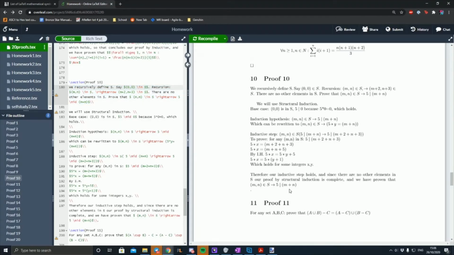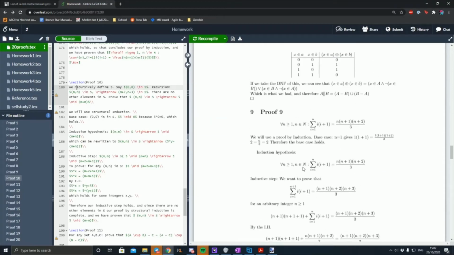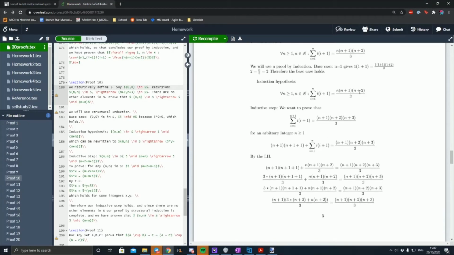Wait, so we can use the thing we want to prove as the induction hypothesis? Isn't that what we need to prove? Oh yeah, the induction hypothesis is also the thing we want to prove. We use what we want to prove to show that it also holds for the next one.